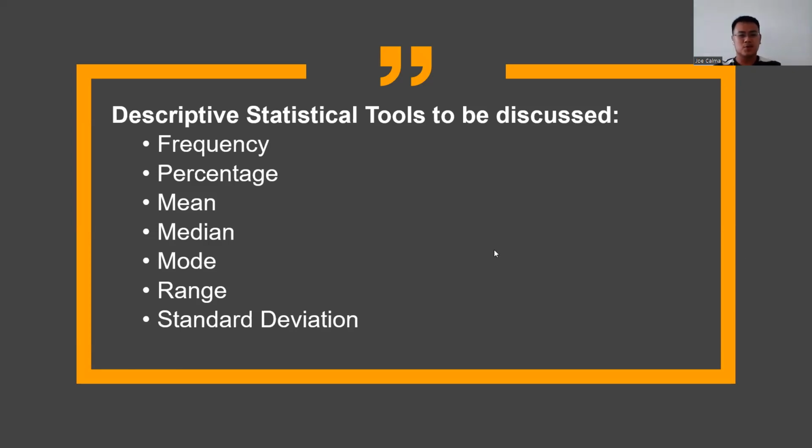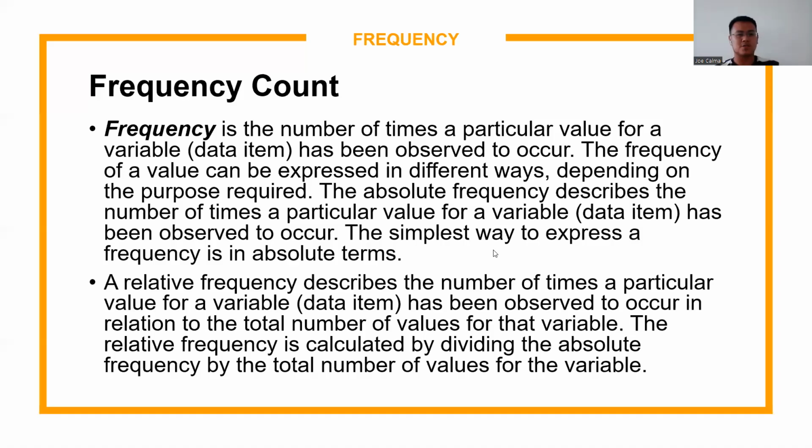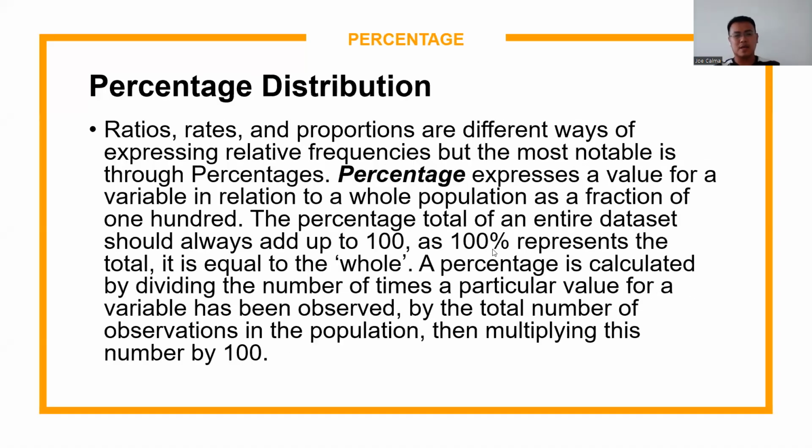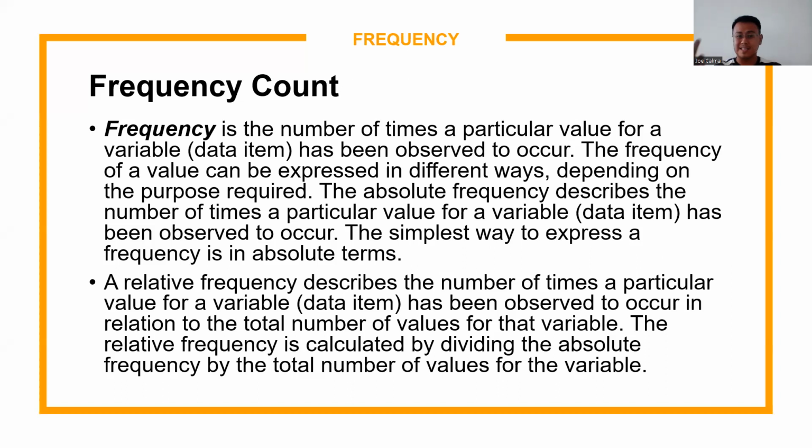Okay? So let's start. I think the first two are the frequency count and percentage distribution. I think nasabi ko kanina sa brief summary ng chapter 2. So frequency count, we are describing the actual number or the actual count of each category. So ginagamit si frequency at si percentage kapag categorical variable yung variable natin.